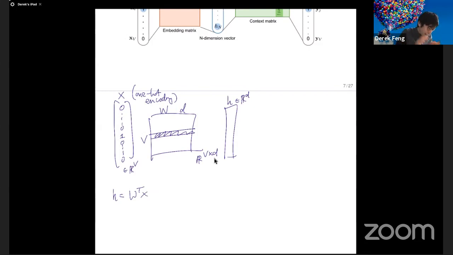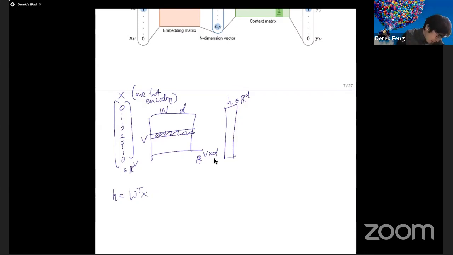I want to write it like this because in the future, when we look at more general neural networks, this is the infrastructure for how we do these things in deep learning.